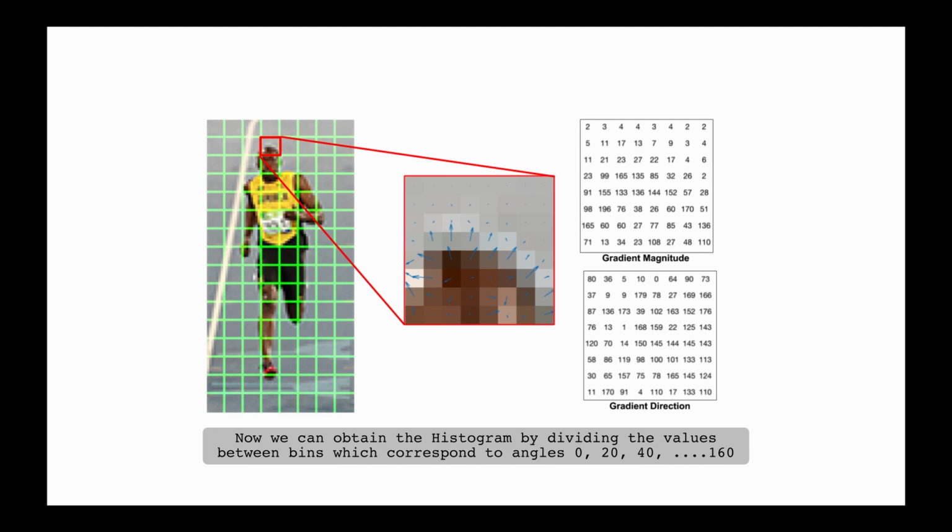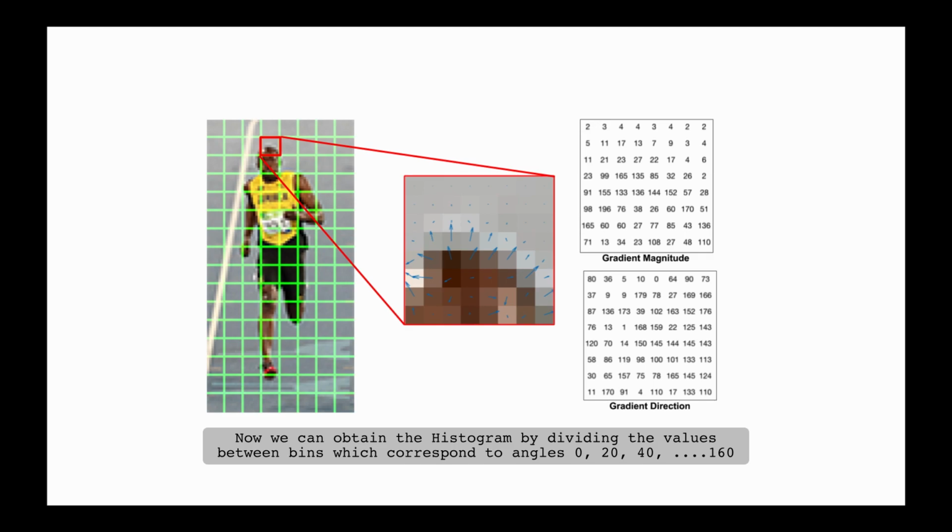After dividing the image into 8 by 8 cells, we need to represent it in the format of histograms. The histogram is created by dividing the gradient magnitude values and directions into bins.